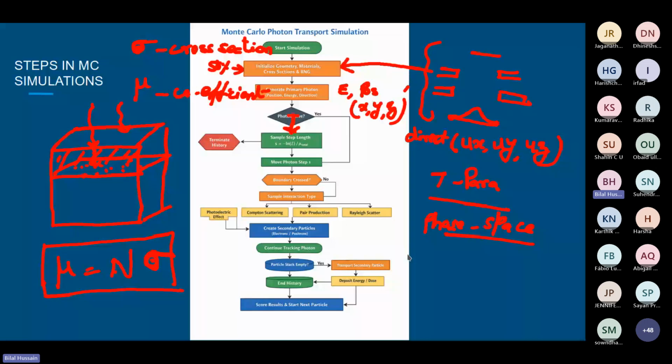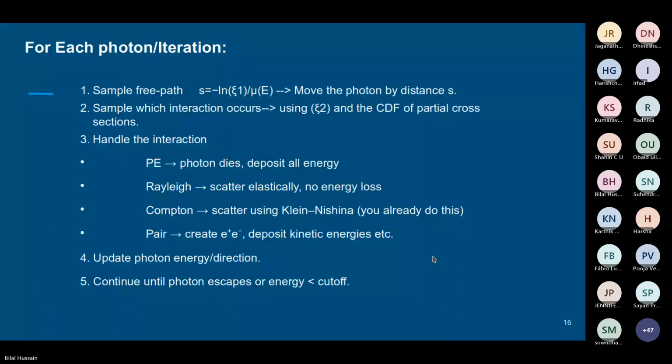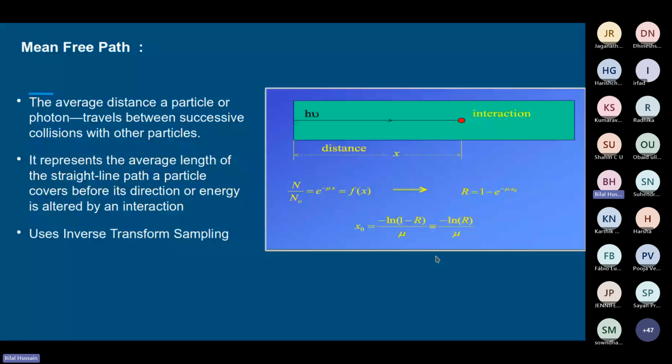The mean free path is the average distance a particle or a photon travels between successive interactions or collisions. It means from here up to this point there is no interaction, and this is where the first interaction took place. So this distance is called the mean free path.